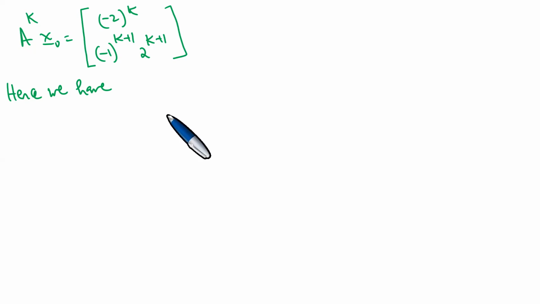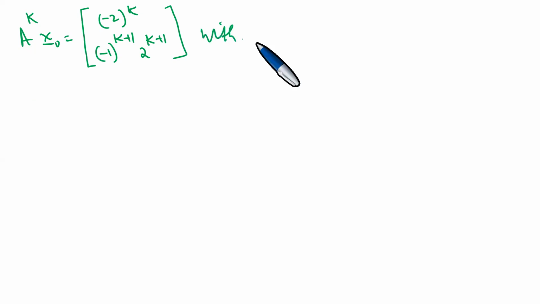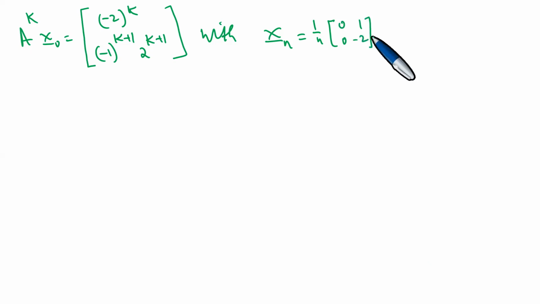We need to use these here. Okay, but first, even this, let me remove. Okay, so I want to write these together with this step we wrote where we said x_n is equal to 1 over n factorial, then 0, 1, 0 minus 2. Yeah, it's 0, 1, 0 minus 2.